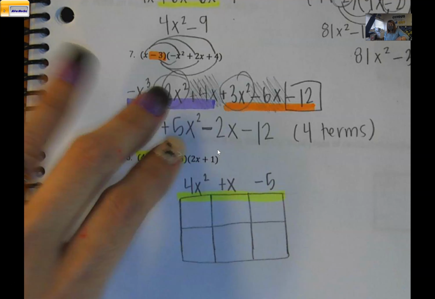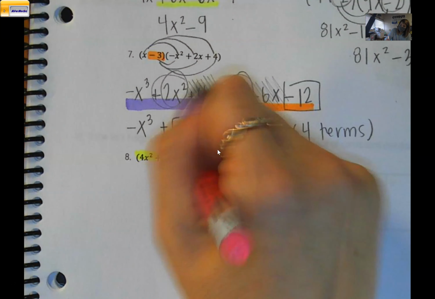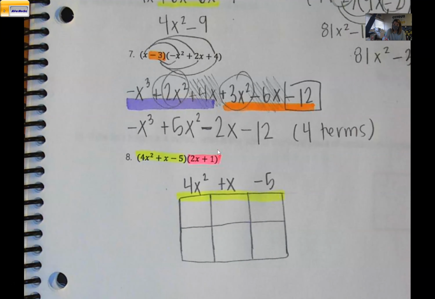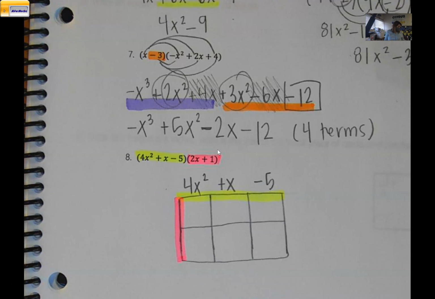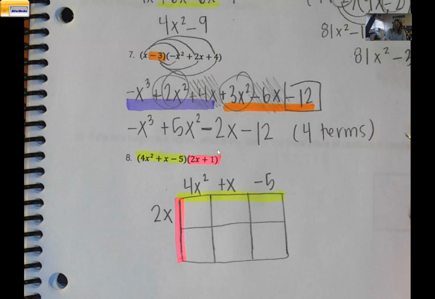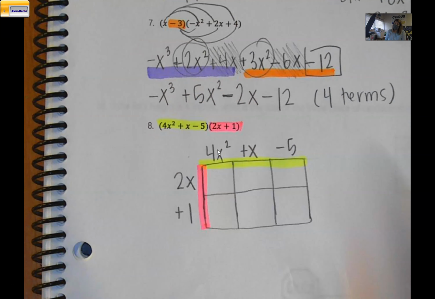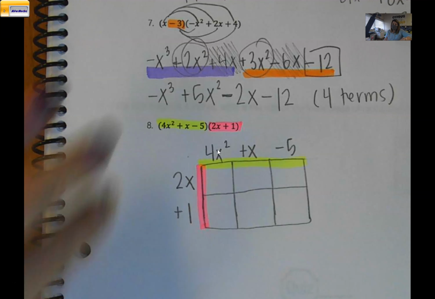Now I made 2 rows because that's how many terms your second polynomial has. It's a binomial. So now I'm going to write those going down. So this is going to give me 2x on top and plus 1 on the bottom. And now you do this like old school multiplication.